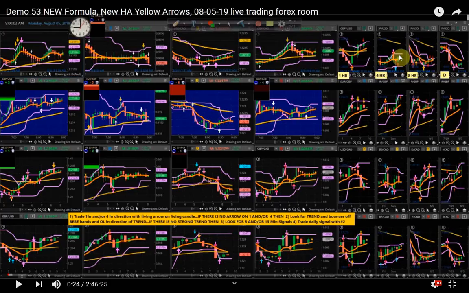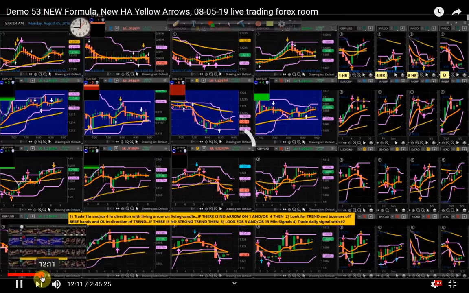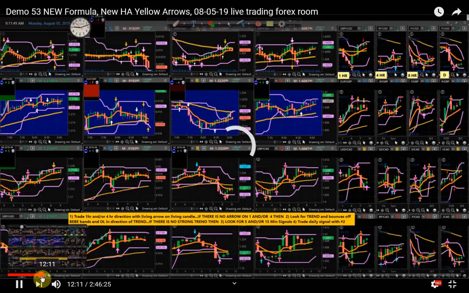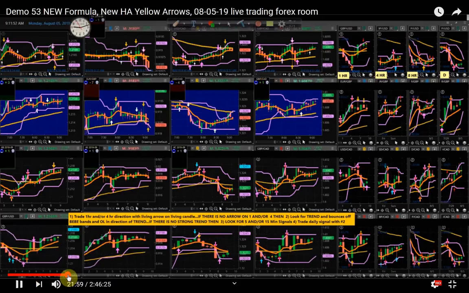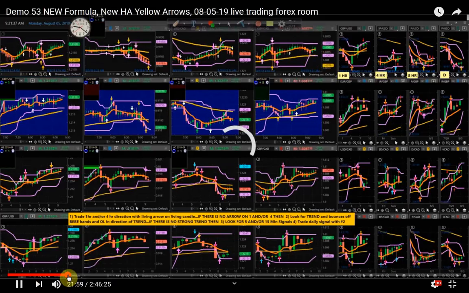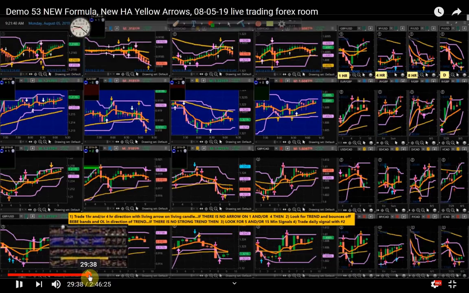I would be trading the GU down, but in particular this GCAD down, and my bias on the GU is down because of my bias on the GCAD as well. So again, I'm just looking for trades down, GU, GCAD.